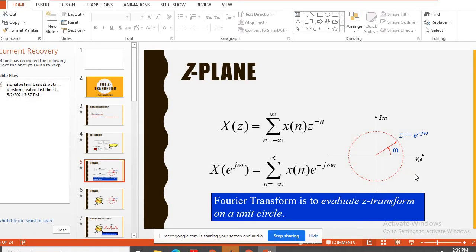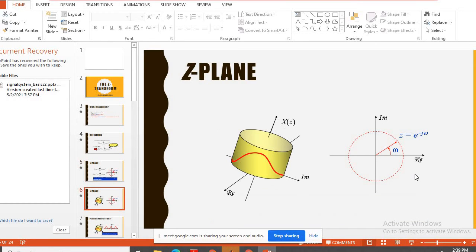That omega is again our angular frequency, and angular velocity and angular frequency are interrelated. That is the approach we want to give, and for that purpose we are doing analysis in some other domain.